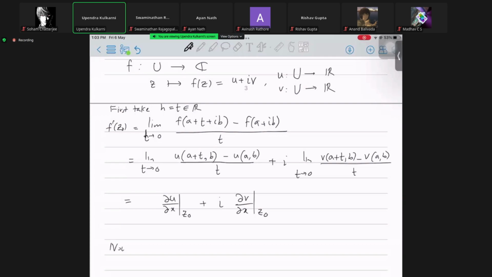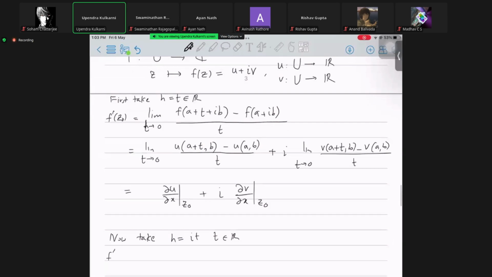Now remember, this is f prime of z naught. So now I can take h equals i times t, where t is again in R. So then what do I get? F prime of z naught is the limit as i times t approaches 0, but that's really the same thing as t approaching 0 of what changes now?